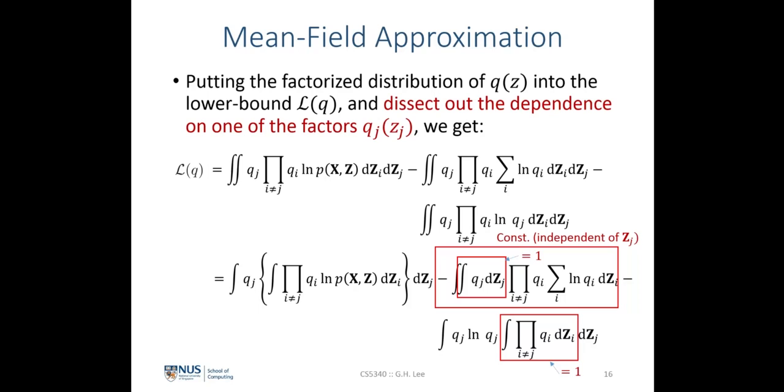We can then see that the second and the third terms can be simplified by pushing in the integral over zj in the second term, as well as pushing in the integral over zi in the third term, where both of these terms respectively become 1, because we're integrating over qj, and this means that it is going to sum to 1, as well as integrating over the product of all the qi, where i is not equal to j, and the integration of this would also equal 1 because we are summing out over all the probabilities in the qi's.